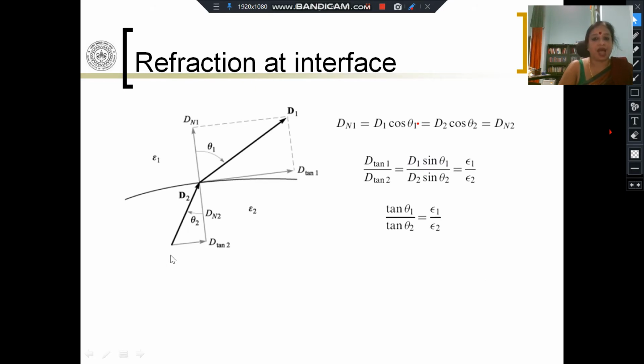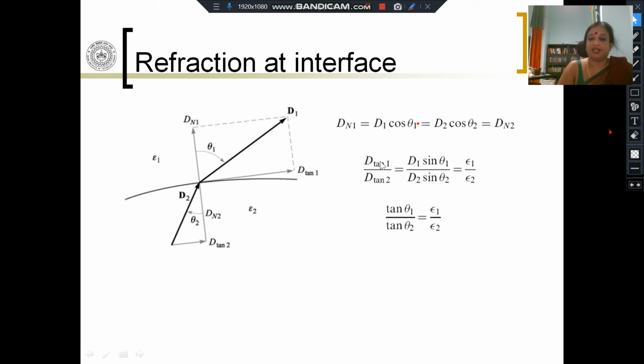Now, if you have a flux line going through material 2, which has a permittivity of epsilon 2, at the interface it will be refracted, very much like the refraction of light at an interface between two optical media. And what will it be? DN1 is equal to D1 cos theta 1, which will be equal to D2 cos theta 2, which will be equal to DN2.